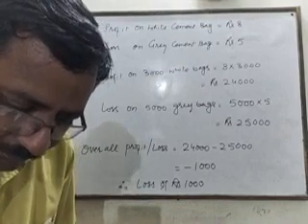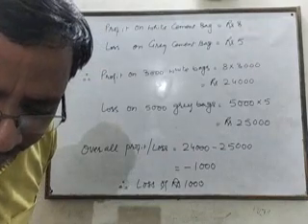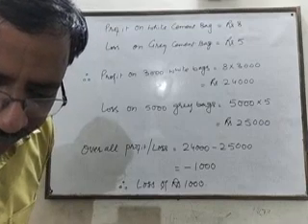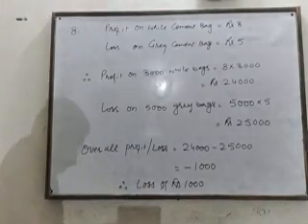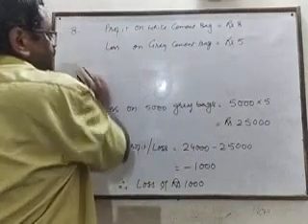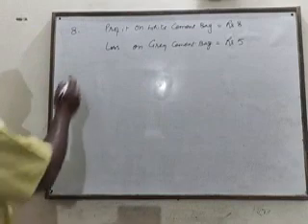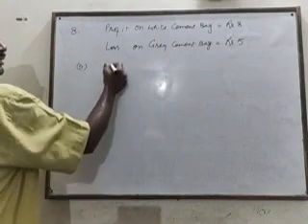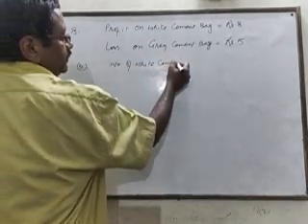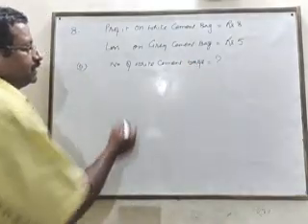Next, the B part. What is the number of white cement bags it must sell to have neither profit nor loss if the number of grey bags sold is 6,400? B part: number of white cement bags are question mark.